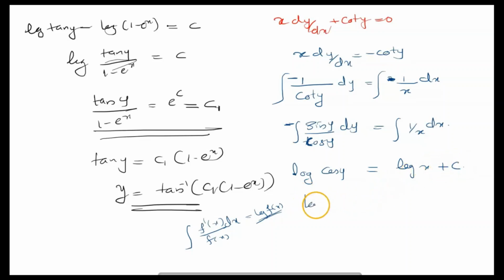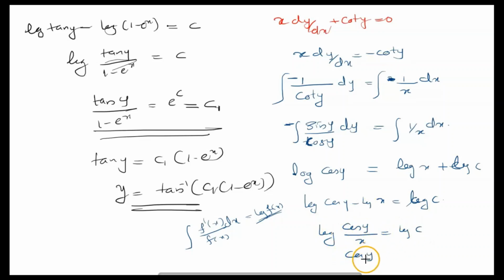That means log cos y minus log x is equal to c, or we can take it as log c. So log a minus log b is log a by b. Cos y divided by x is log c.